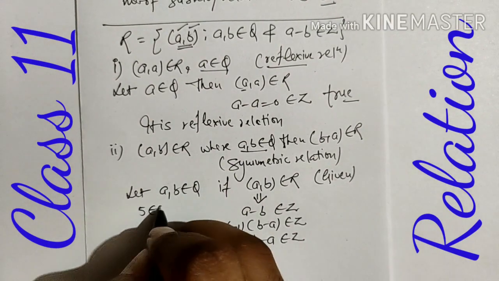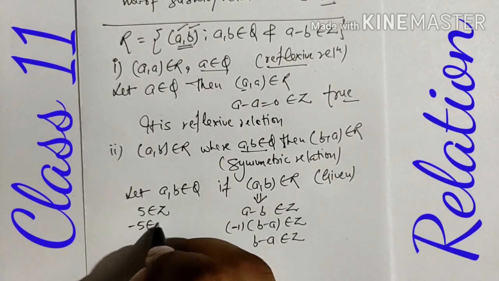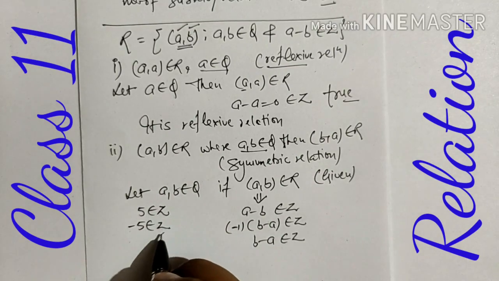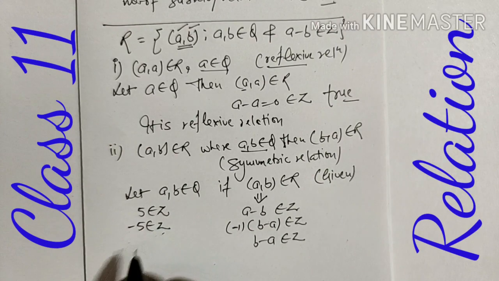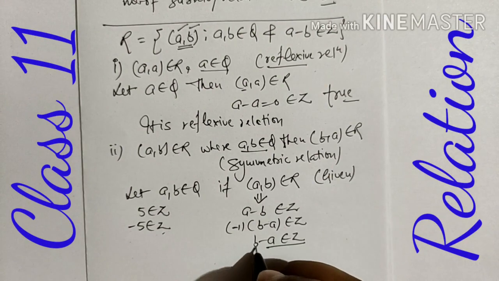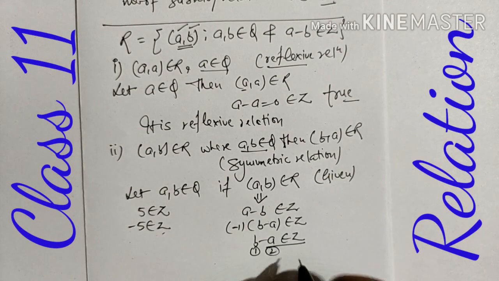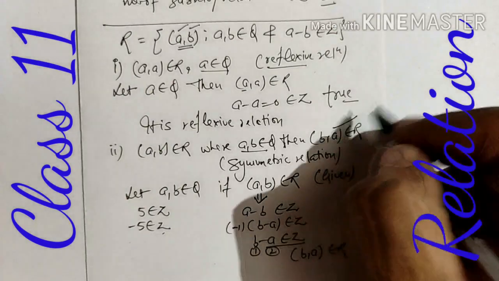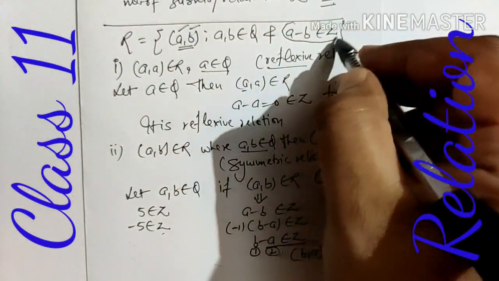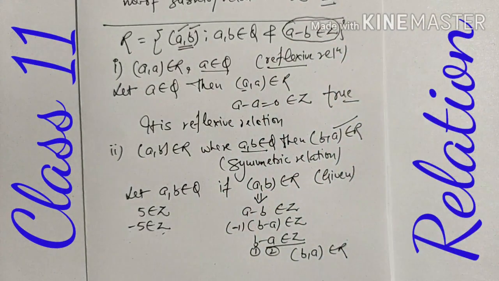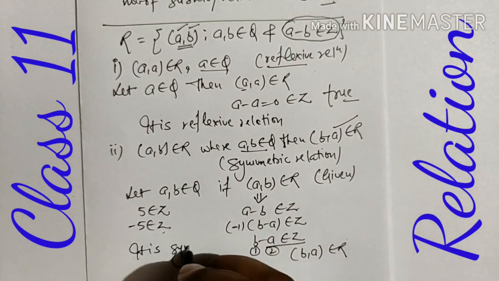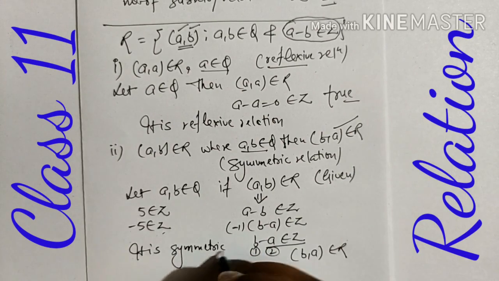For example, if 5 belongs to integers, then minus 5 also belongs to integers. There is no effect of sign in the case of integers. So b becomes the first element and a becomes the second. It means (b, a) belongs to the relation. This condition proves a minus b belongs to integers and we get the reverse of (a, b). So it is a symmetric relation.